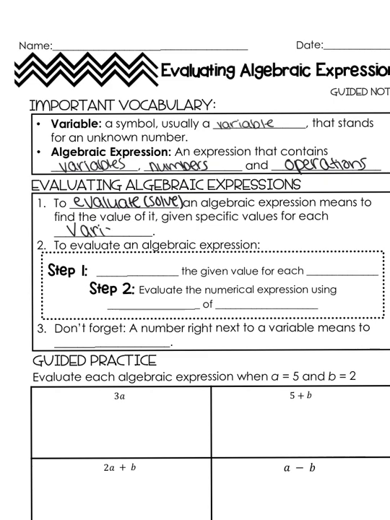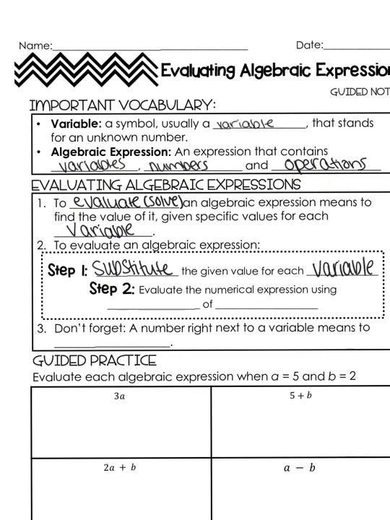So if it's an algebraic expression, there isn't an equal sign, right? So you just have to be told, okay, this is what the variable equals, and then you follow these steps to evaluate. So first, you substitute the given value for each variable.